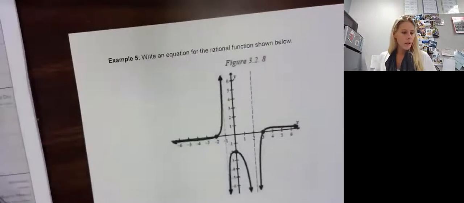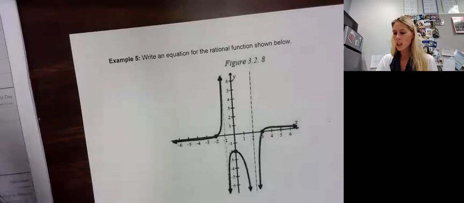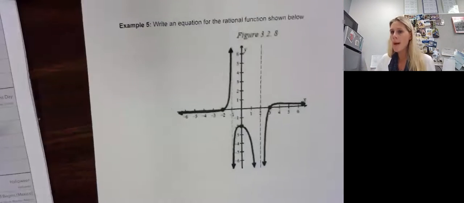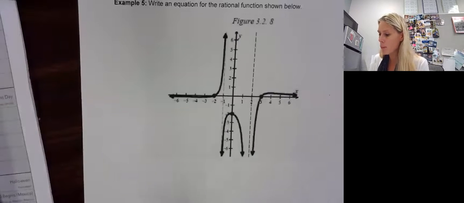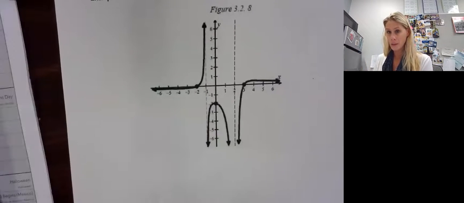Okay. One last thing, and then we're done. We're going to go backwards. Now, when you go backwards, remember that when we make a function, we can't assume that a will be 1, okay? So one thing I want to point out are x-intercepts, which come from our numerator, and our vertical asymptote, okay?